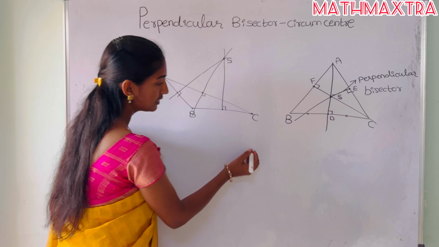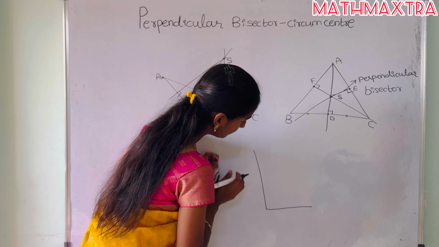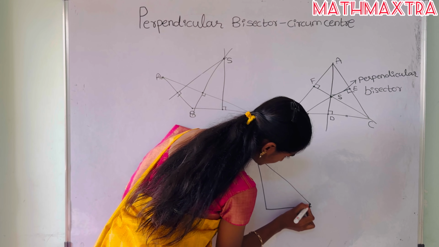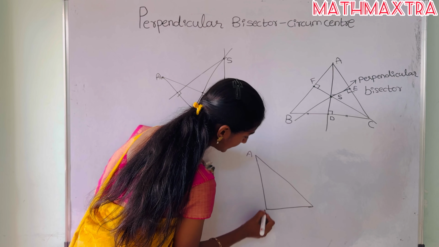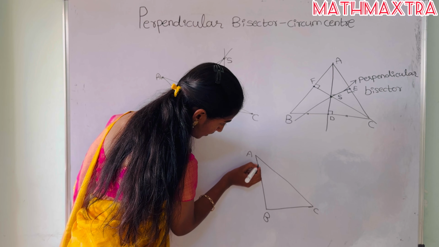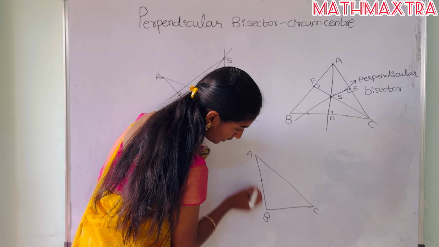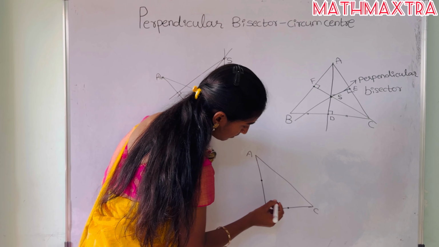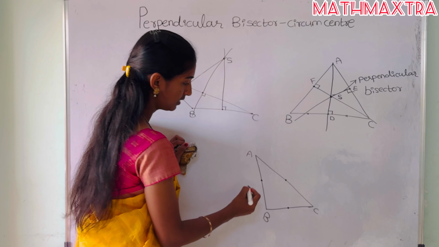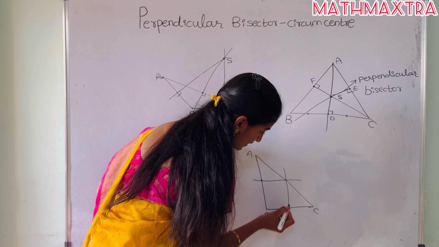Now we'll see the third case. If you consider a right angle triangle, where is the location of the circumcenter? This is a right angle triangle. This is the midpoint of side AB, this is the midpoint of side BC, and this is the midpoint of side AC.